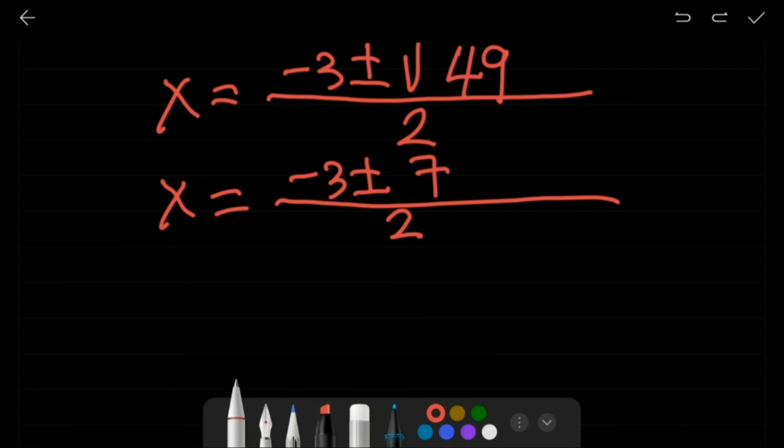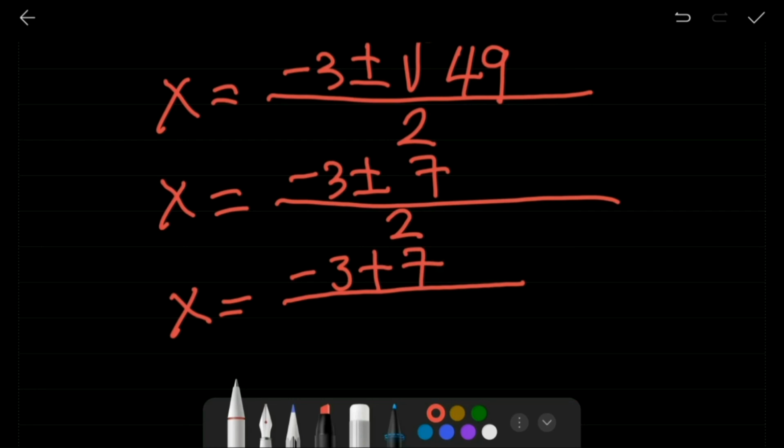So x equals negative 3 using the positive sign plus 7 over 2, and negative 3 plus 7 is positive 4, then over 2, this is equal to 4 divided by 2 is 2.